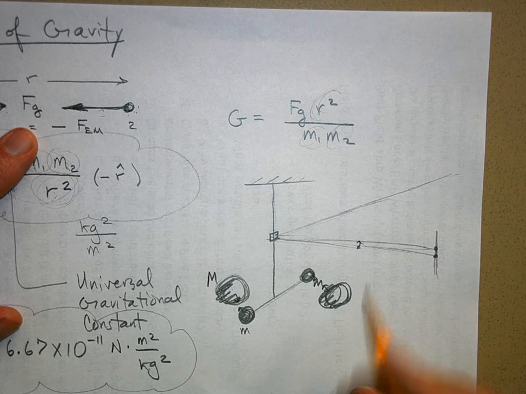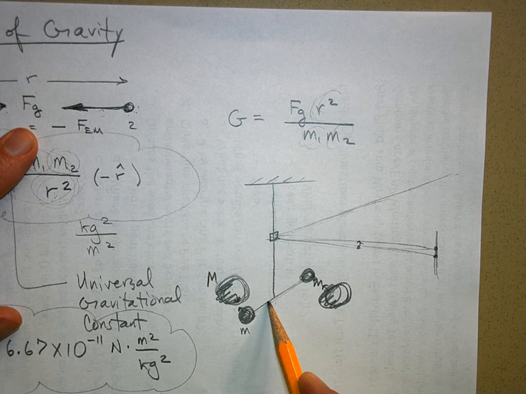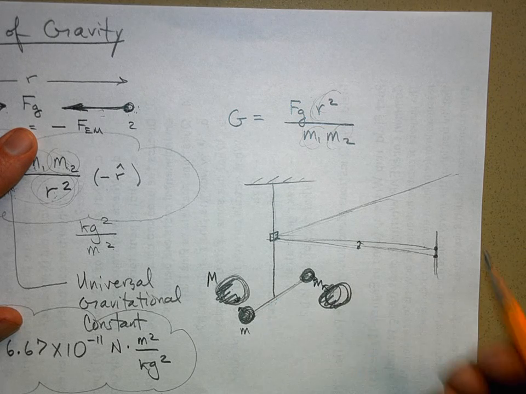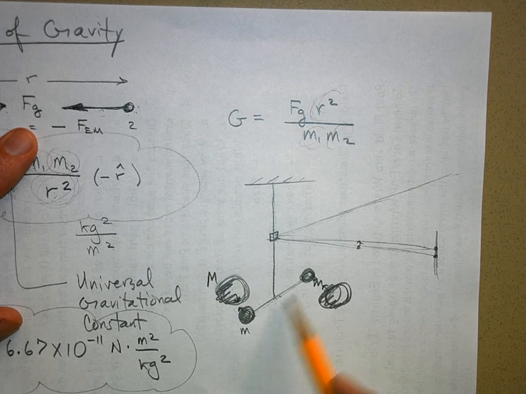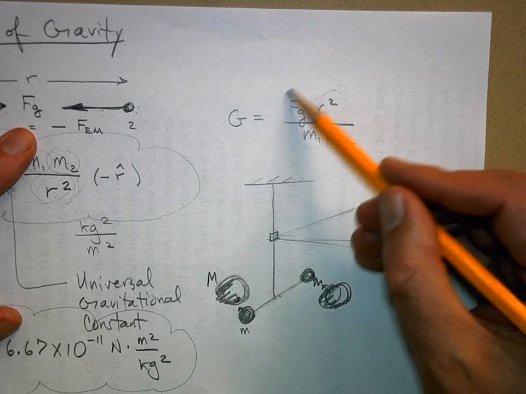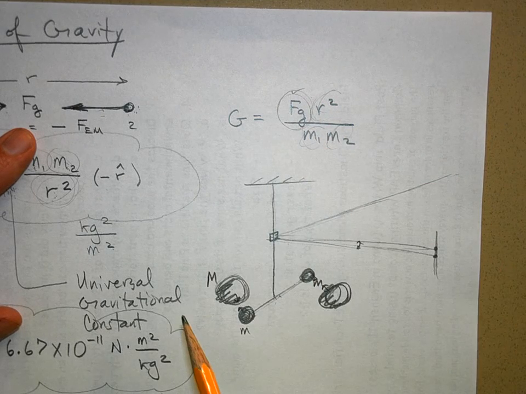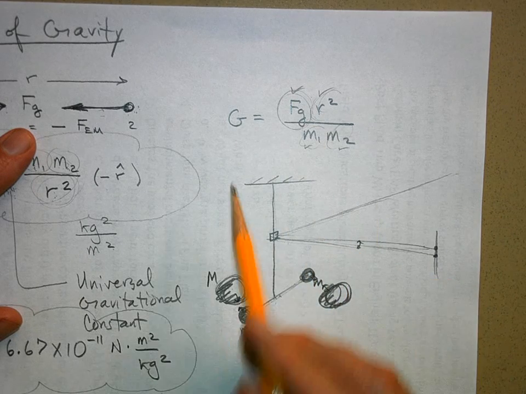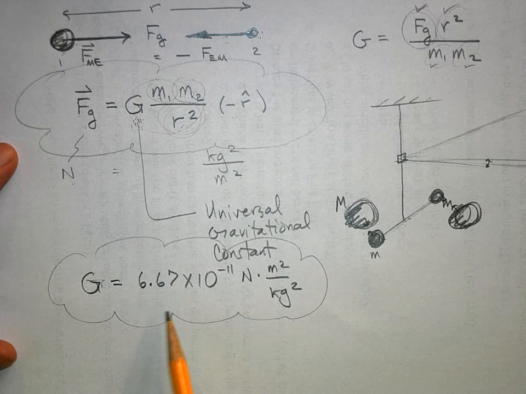Based on the angle, he could figure out how much torque was applied to the wire, and from the torque, what the force was. By going through all these very delicate calculations, he was able to measure the force of gravity. So he measured the force of gravity, measured R, measured M, and arrived at this value right here for the universal gravitational constant.